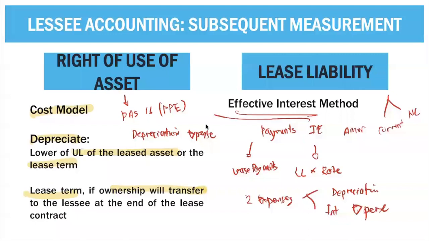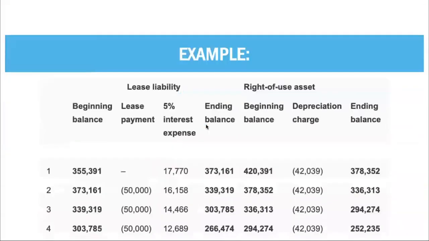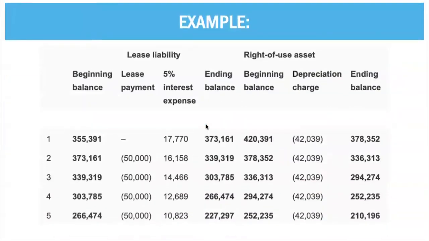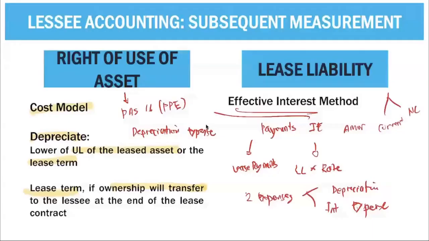Okay? Let's look into our measurement here under your previous problem. A while back, we have measured our right of use of asset at 420,391, and our lease liability at 405,391. Still remember? Okay, we go back.